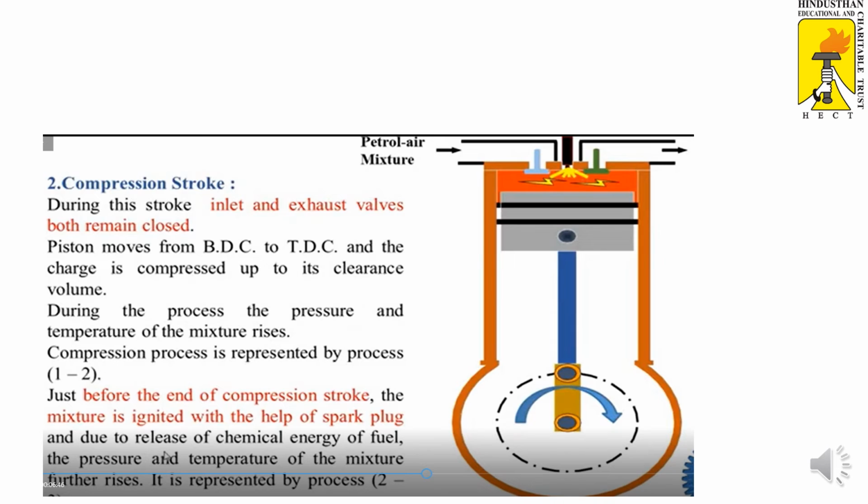Ignited means combustion takes place, and heat is generated in large amounts. The temperature goes to a very high level, the peak temperature is reached, and the corresponding pressure also reaches a very high level. The high pressure combustion gas pushes the top of the piston, so the piston comes down.